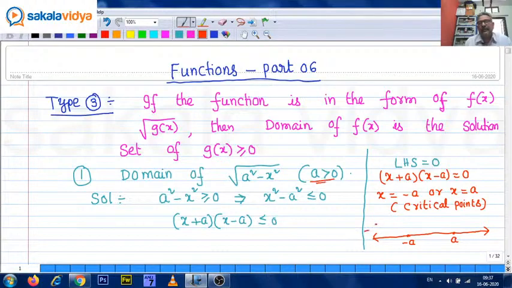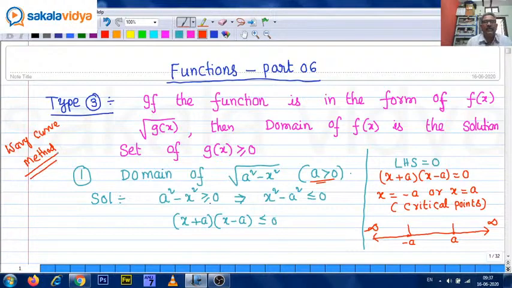This will be minus infinity, and this will be plus infinity. So it breaks into 3 intervals: 1, 2, 3. Now this is called the wavy curve method. Using this method we can easily solve inequalities.